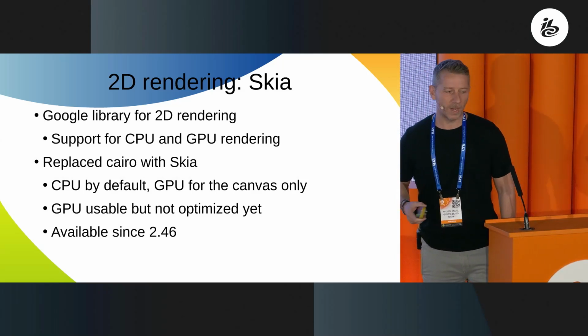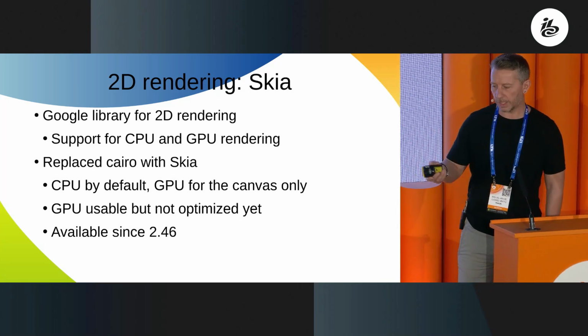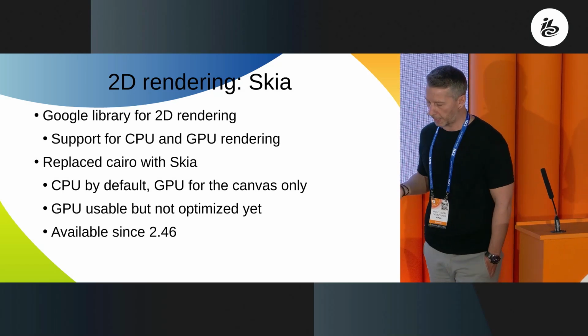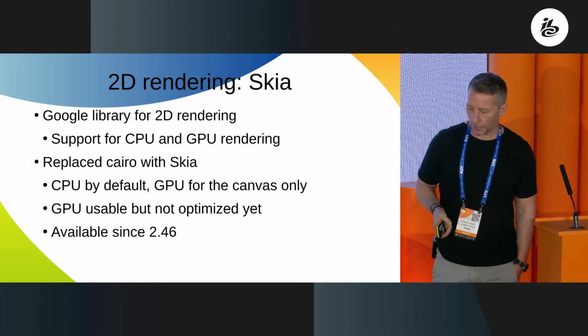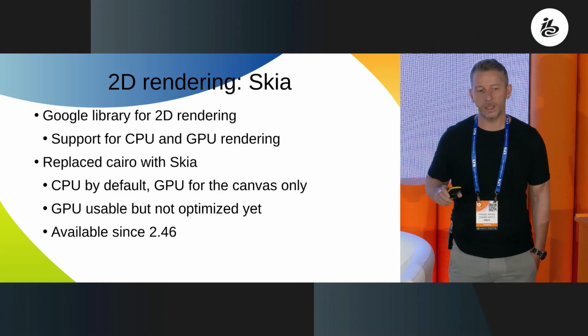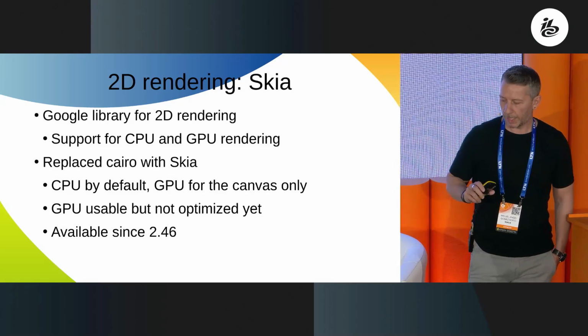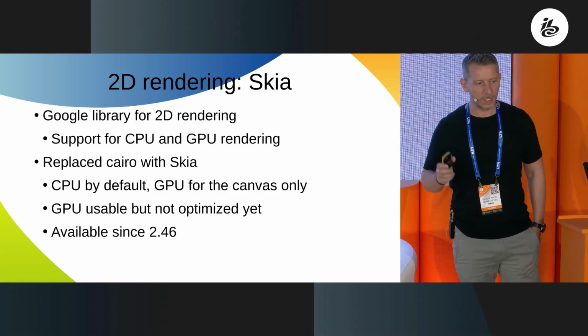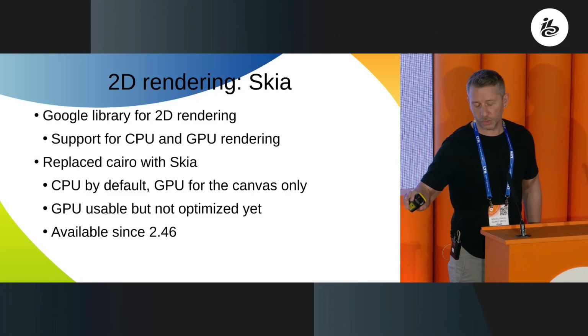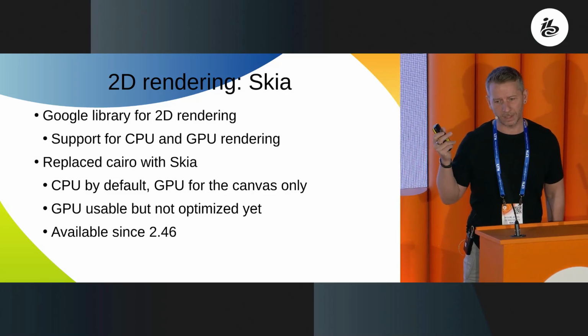So we decided to replace our Cairo implementation with Skia. Skia, again, is another library developed by Google, which is used by Chromium. We did that during this year, and we have that already working. This is going to be released in 2.46, which is the release that is going to be happening this September.